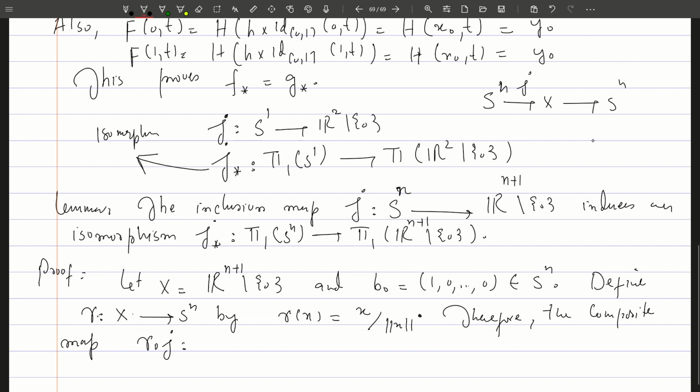Here we have the J and we have the R, and this is the composite map R composite J. So this is a map from Sn to Sn.